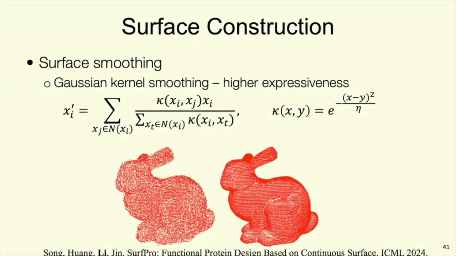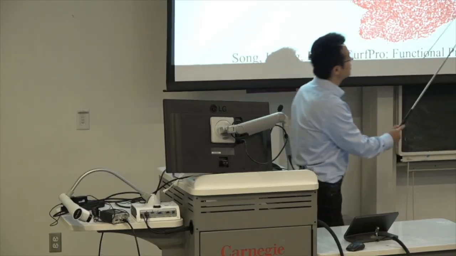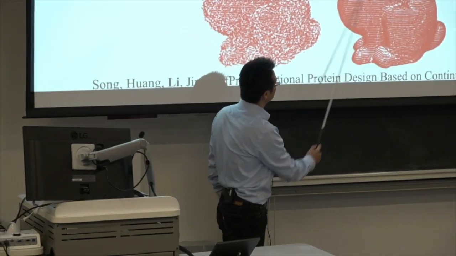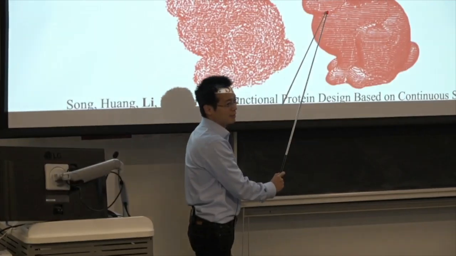We also borrow some techniques from computer graphics to represent the surface better. This is called surface smoothing. We use a particular technique called Gaussian kernel smoothing. Originally we have a coarse-grained representation of the surface. With the Gaussian smoothing, we can represent more fine-grained details of the surface.